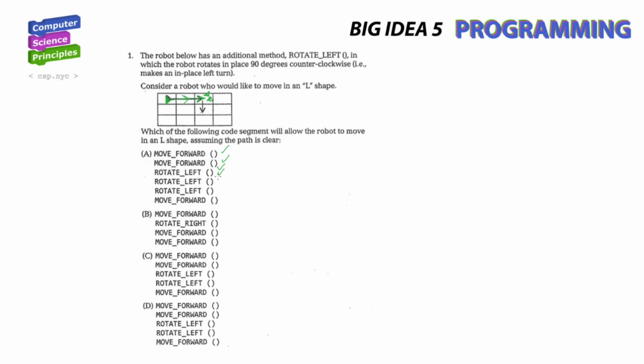Rotate, so it's this one. Rotate left again. So now it's going to face down. And then move forward is going to get us here. So therefore the first answer is A. And if you go through the others, they don't quite make it there. So question 1 is A.